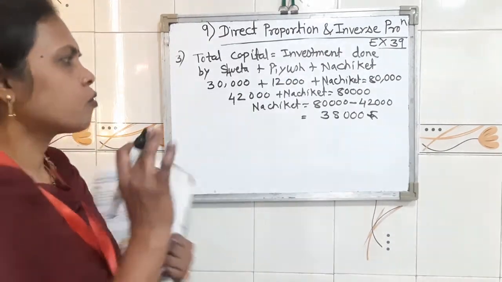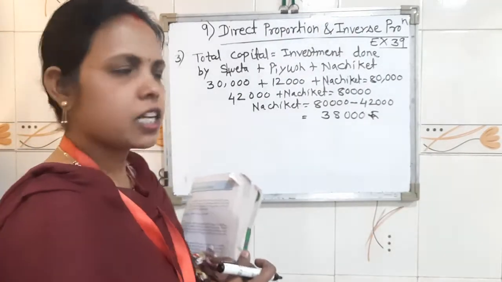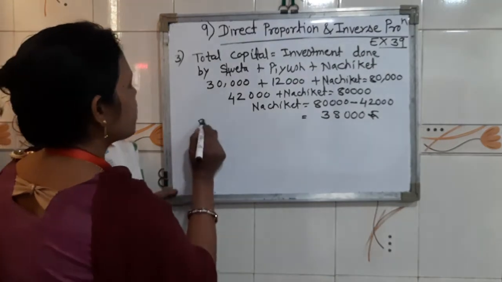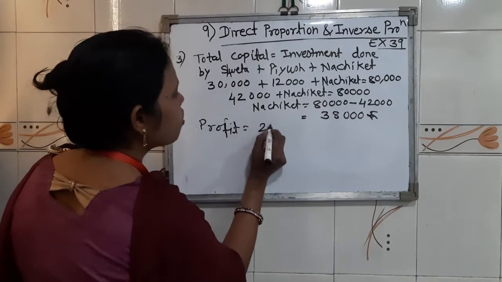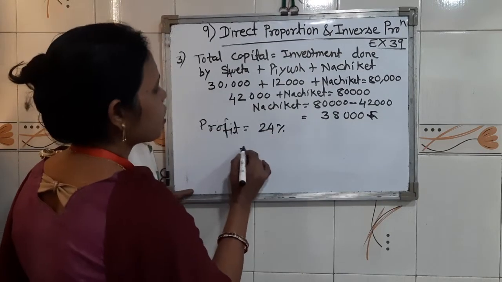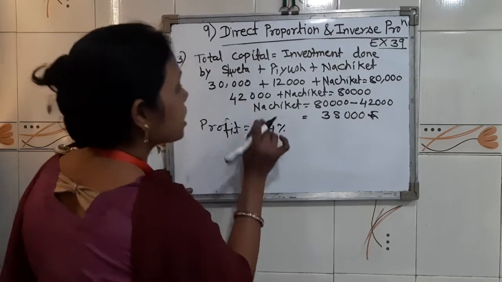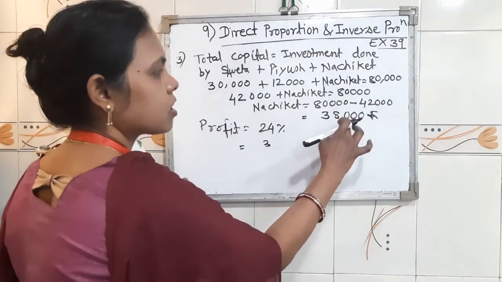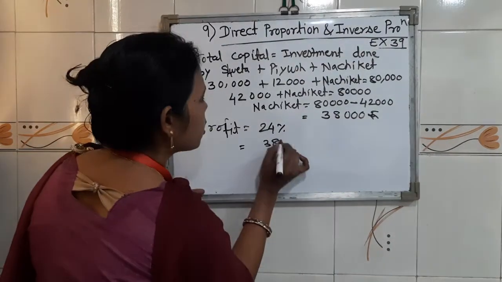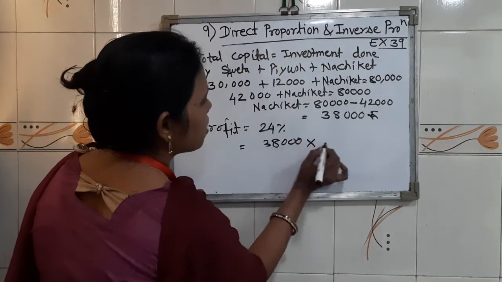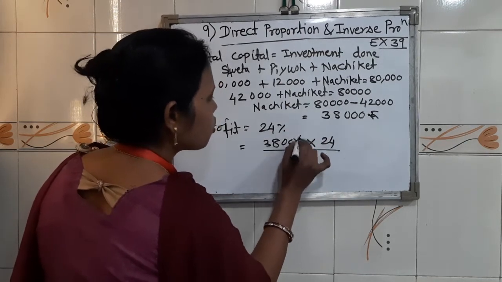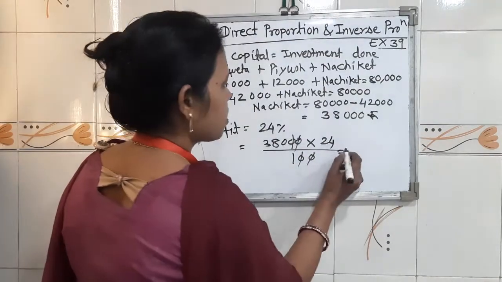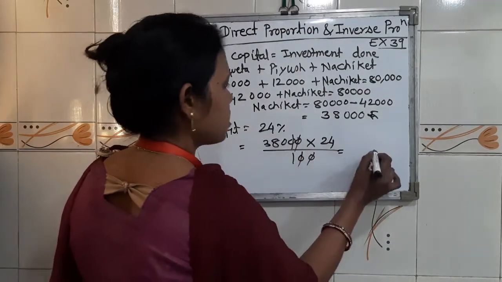They all got 24% profit. Therefore we will write profit equal to 24%. Therefore our Nachiket investment is 38,000. Therefore 38,000 into 24 upon 100. 00 cancelled.